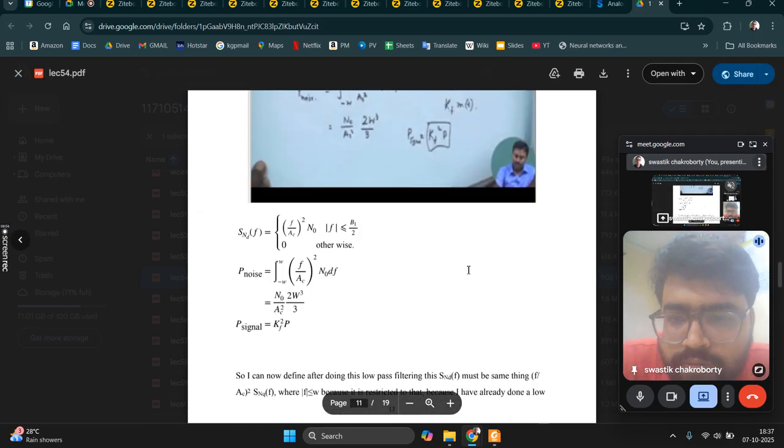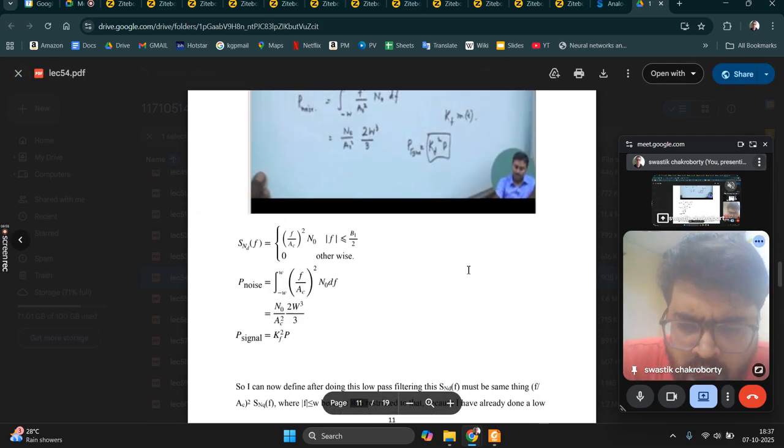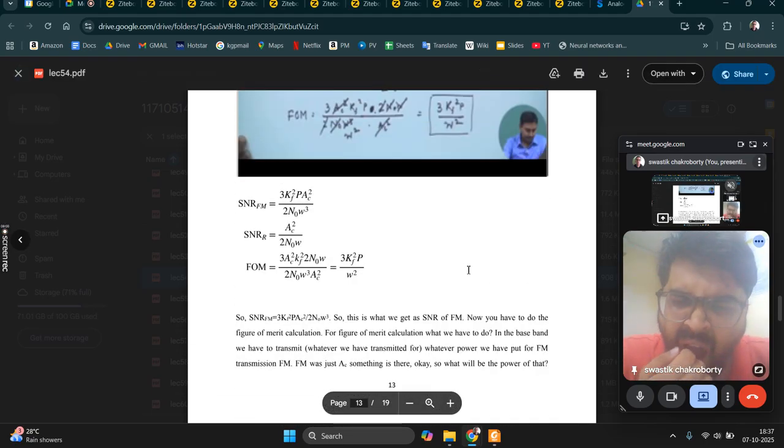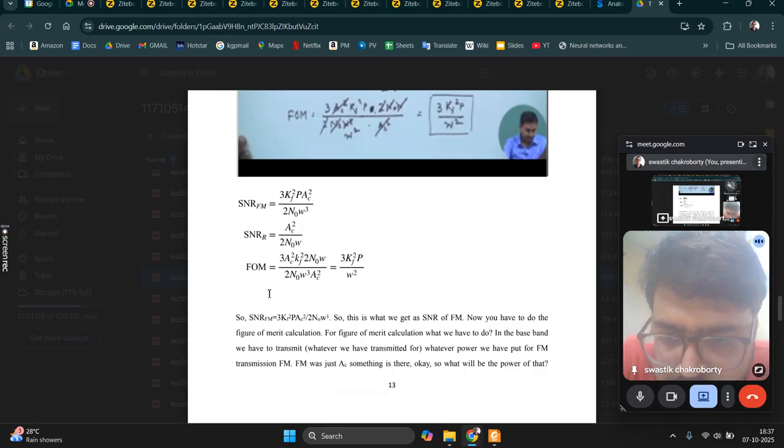So for FM, we can derive that the output SNR and the input SNR are given like this. When we do output by input, we get 3 kf square P by W square, where kf is the frequency constant.